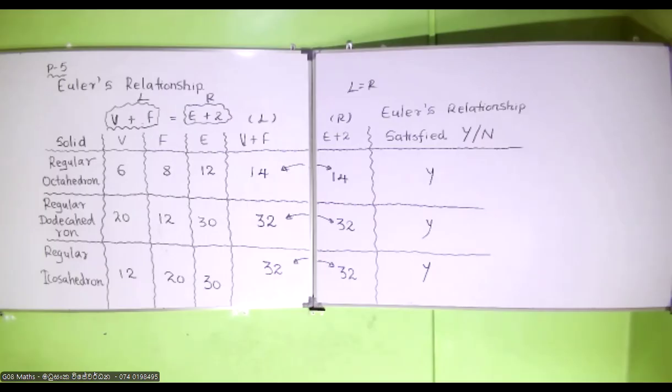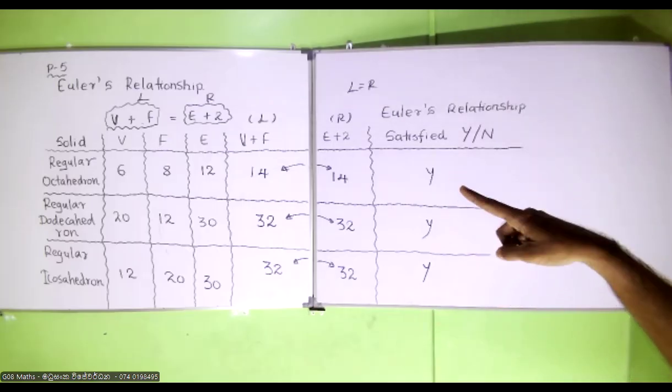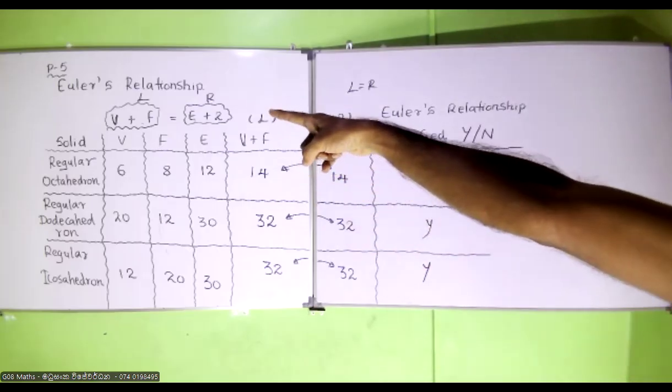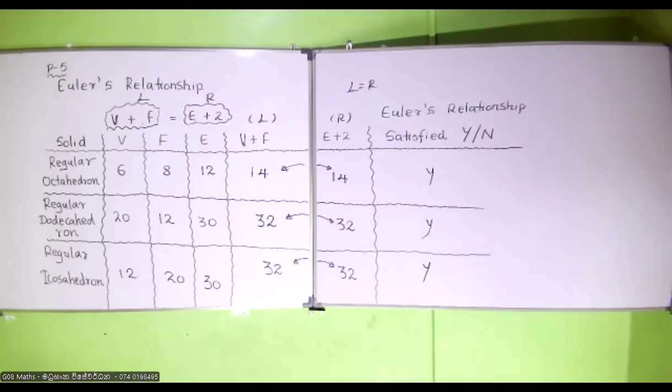If my answer is F plus E plus V, is that correct? It should be V plus F equals E plus 2. If you write F plus E plus V plus 2, that is wrong. If you write this relationship, your answer is correct.